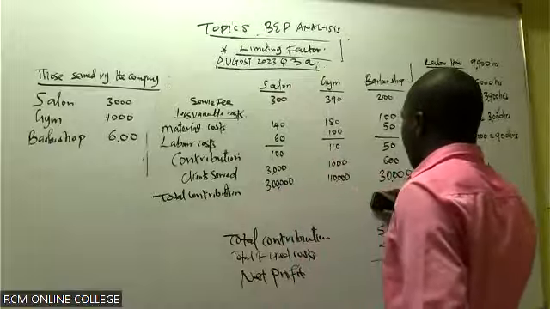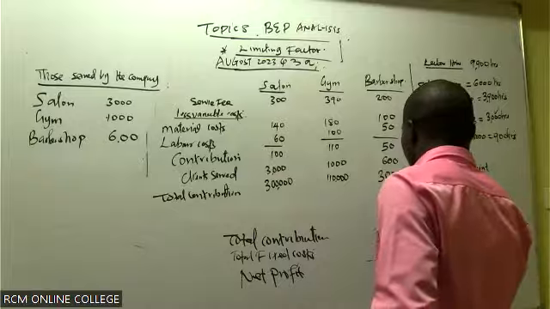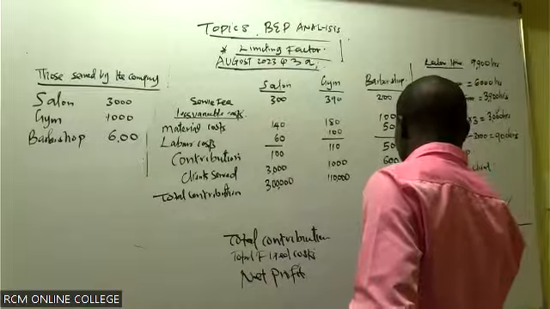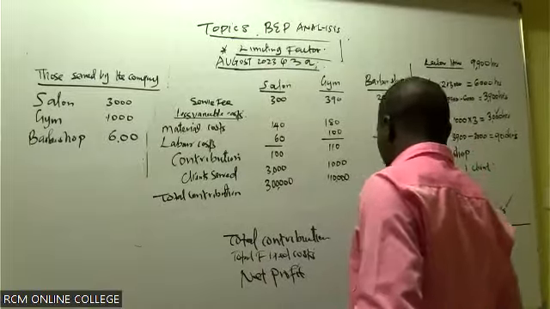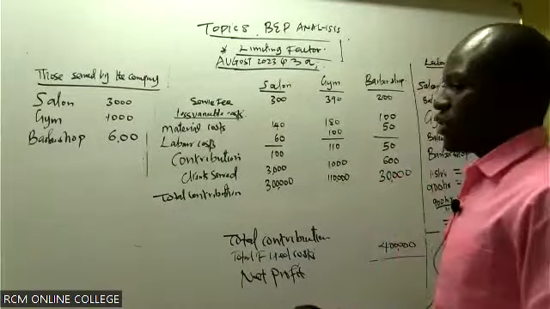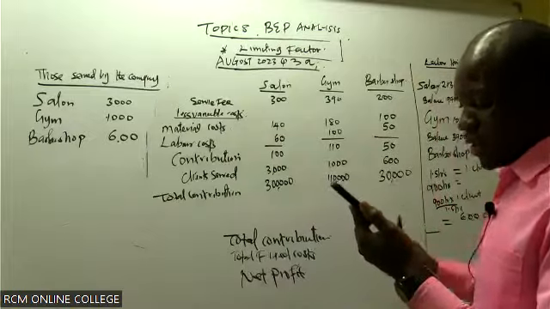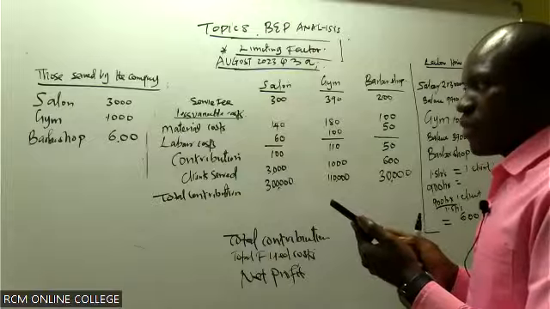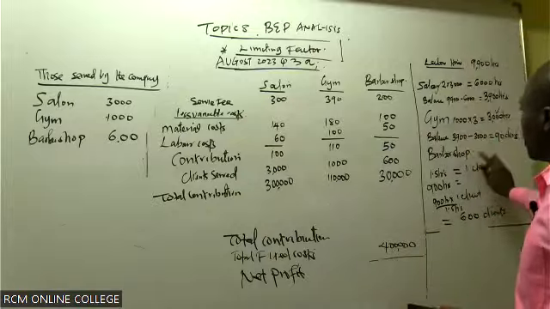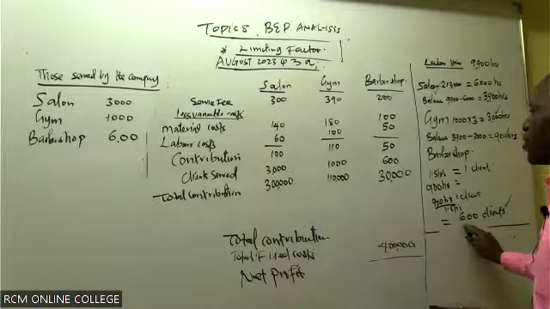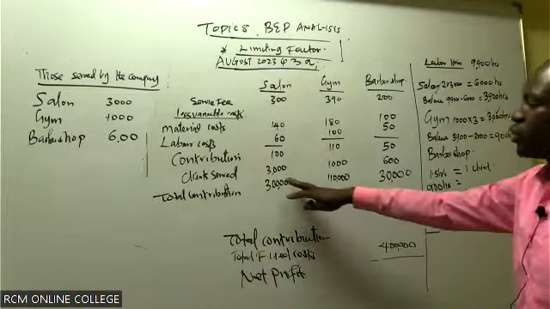So we are now answering the question as per August 2023. Question number 3A, part 3. Having done the rationing, this is what the company managed to provide. And that's what we have here.